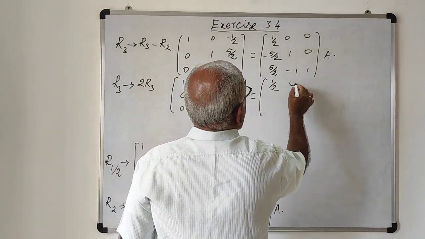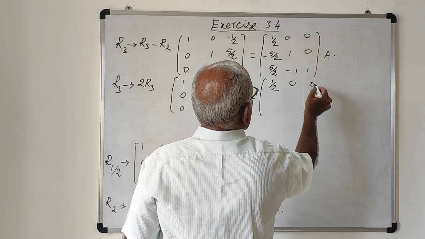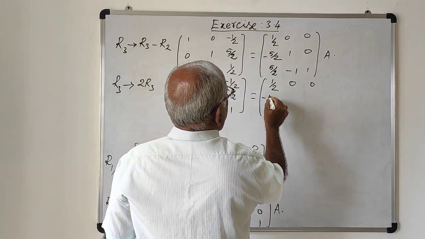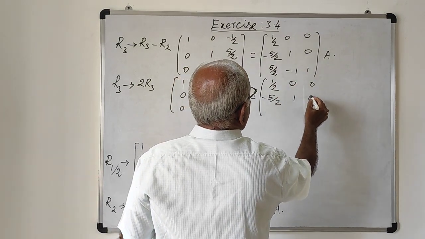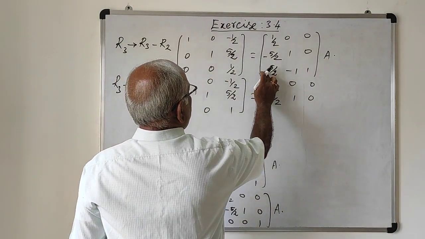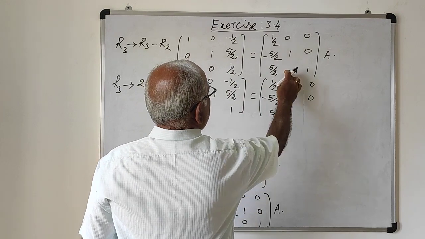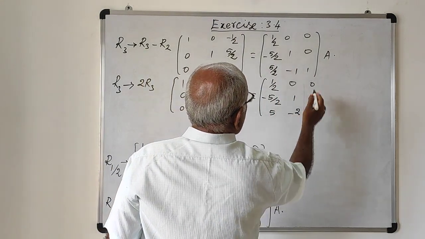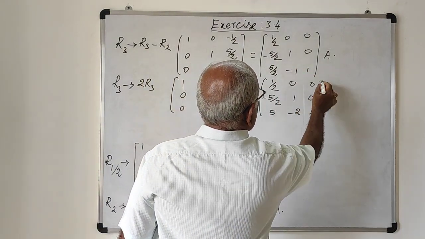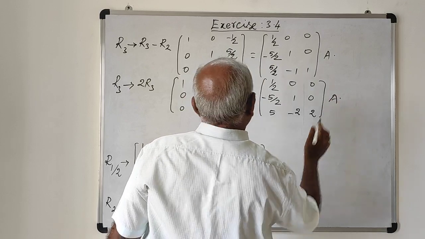On the right side, 1 by 2, 0, 0, minus 5 by 2, 1, 0, and 2 into R3: 2 into 0 is 0, 2 into minus 1 is minus 2, 2 into 1 is 2.